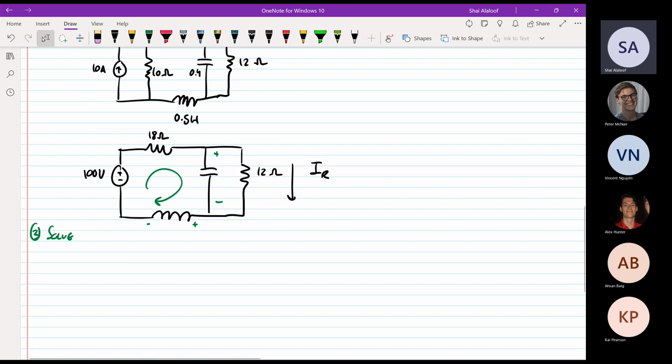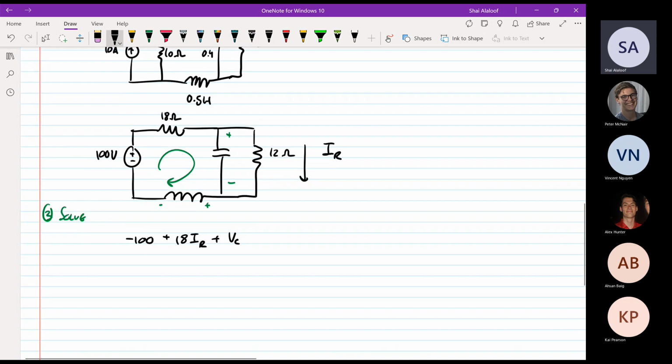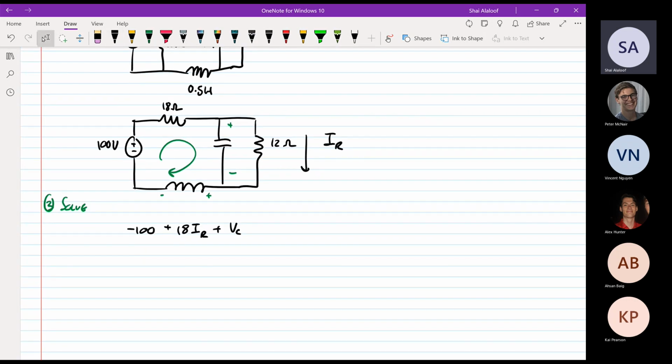So we've got minus 100 plus 18 IR plus VC, because we're just moving across the voltage of the capacitor, plus 0. So that's just simple KVL around the loop.